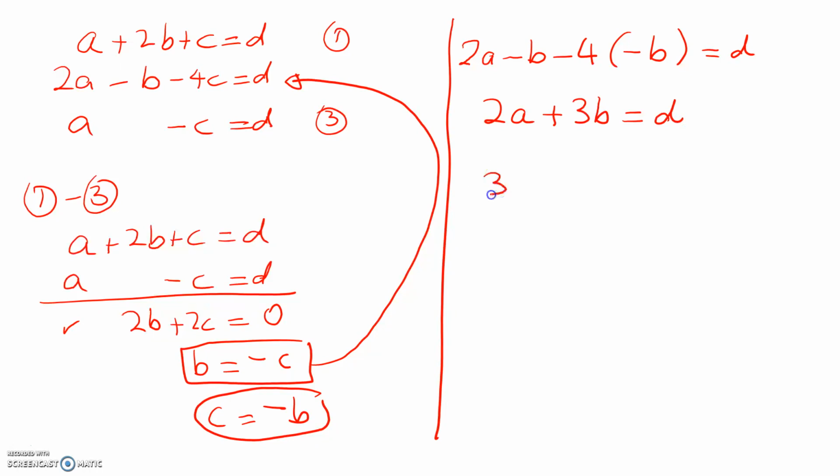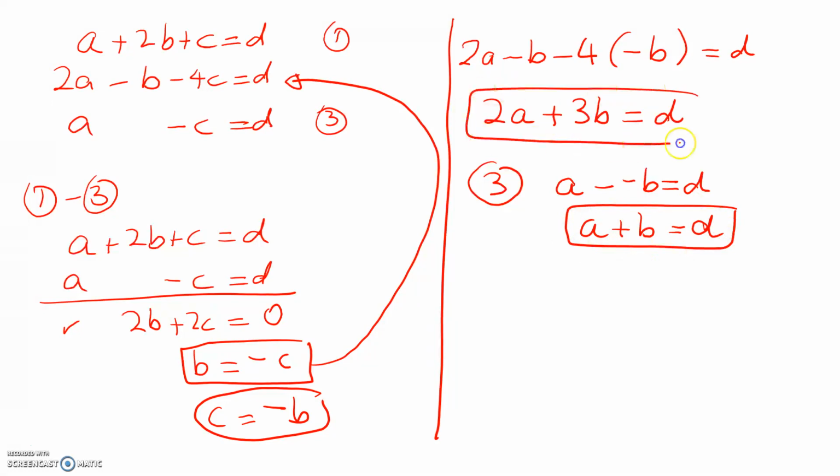Well, I know from equation 3 that A minus negative B is equal to D. So that's A plus B is equal to D. So I've got this one and I've got this one.